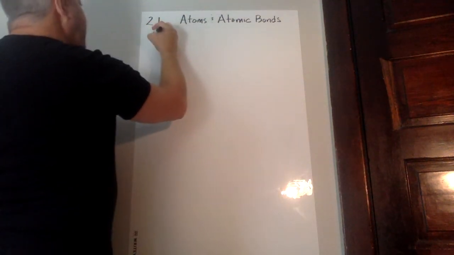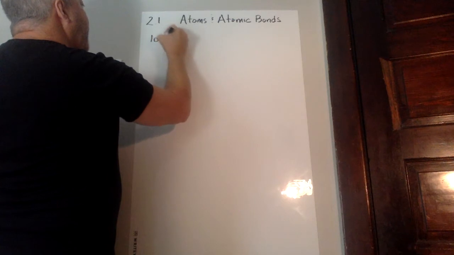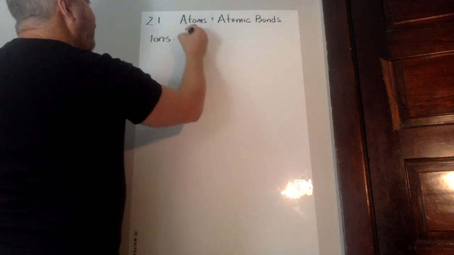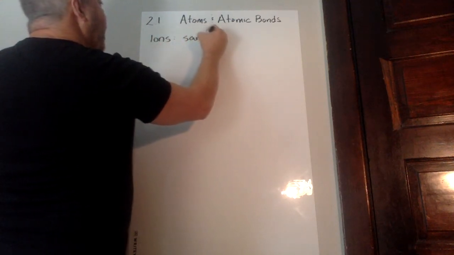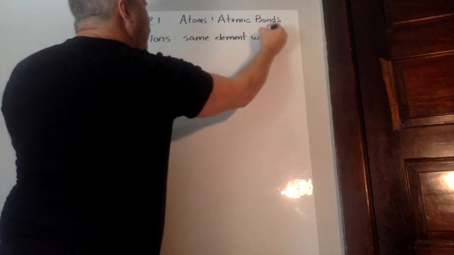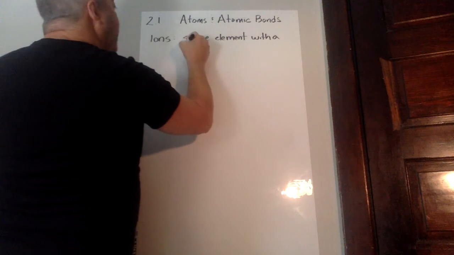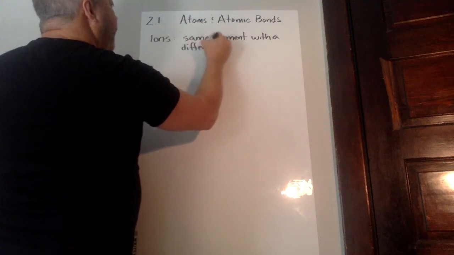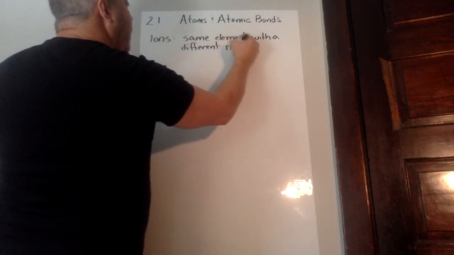If I change the number of electrons, I get an ion. So this is the same element with a different number of electrons.